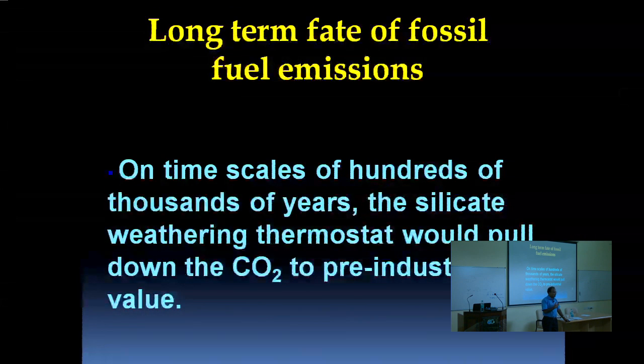Unless we do something artificial to remove that CO2, if you only rely on nature, the CO2 problem is at least a 10,000 year problem. Okay, I think I will stop here.